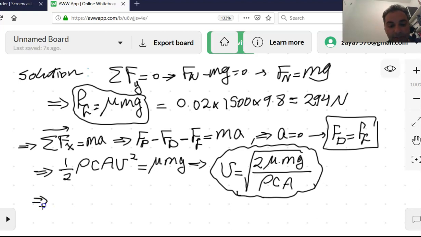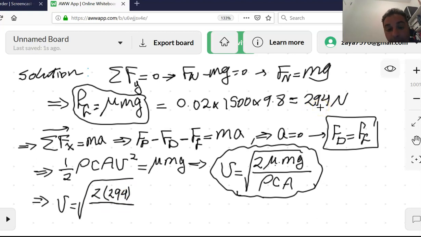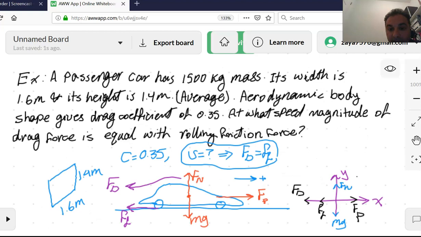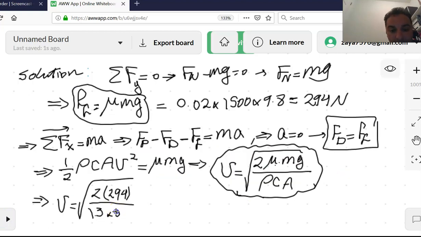Now that is the equation, so if I substitute, V becomes equal with the square root of 2 times, we already found mu mg, it's 294, which is here already, correct? Divided by rho for air, which will be given, it is 1.3. C is given, 0.35 in the problem. And what is A, guys?